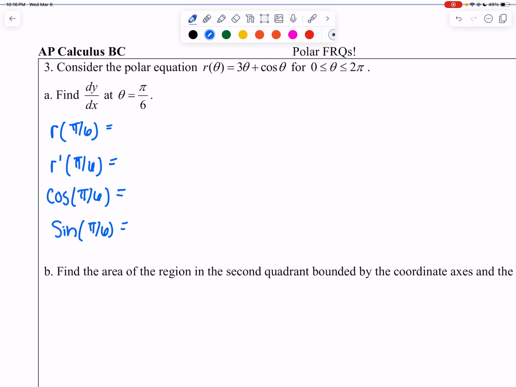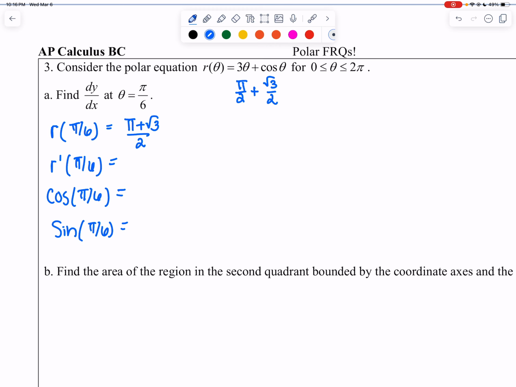So for r of pi over 6, that is 3 theta, so that's going to be pi over 2 here. And then cosine of pi over 6 is root 3 over 2. So this tells me that r of pi over 6 is pi over 2 plus root 3 over 2.